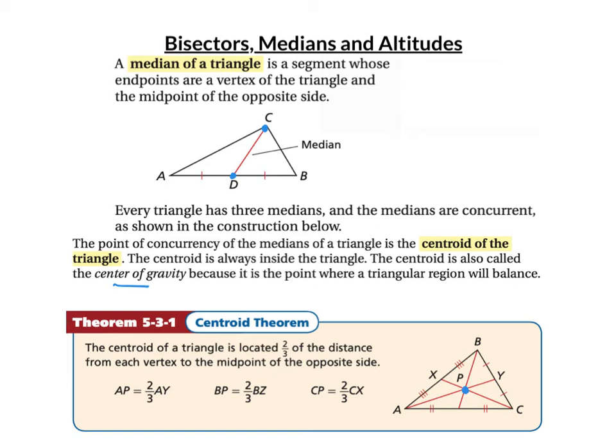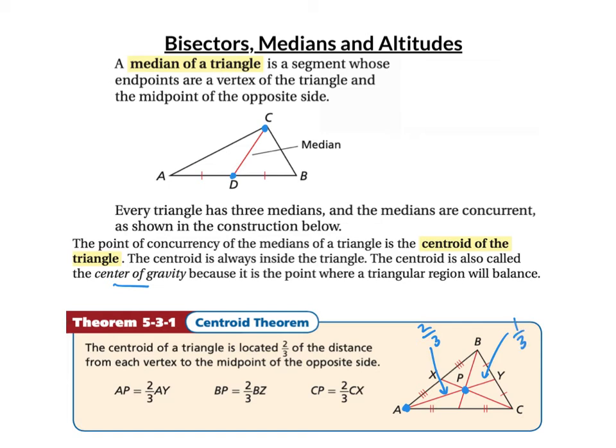And it turns out that it breaks each median up into two segments that are 2/3 and 1/3 of the whole segment. So this part from the vertex to the centroid is 2/3 of the segment, and that last part is 1/3 of the whole segment.